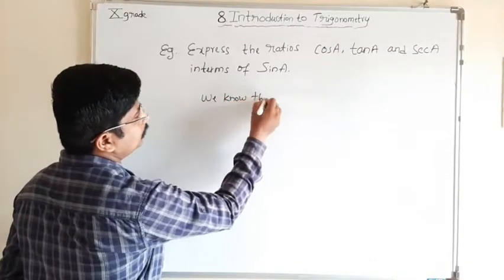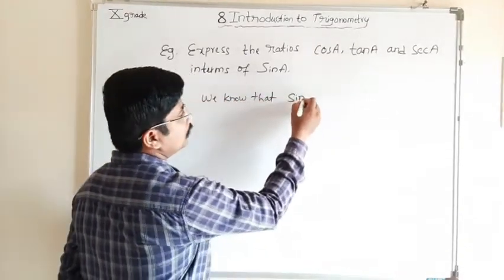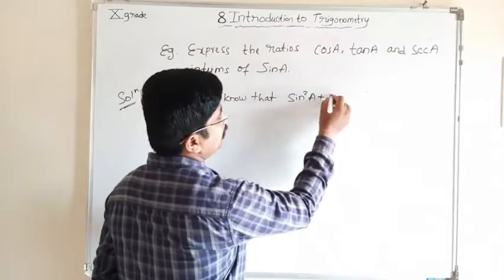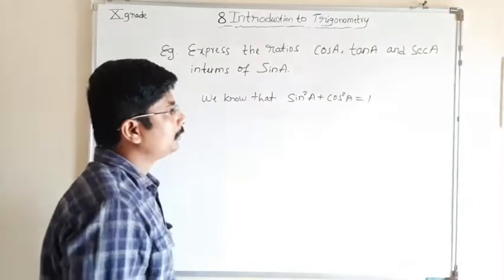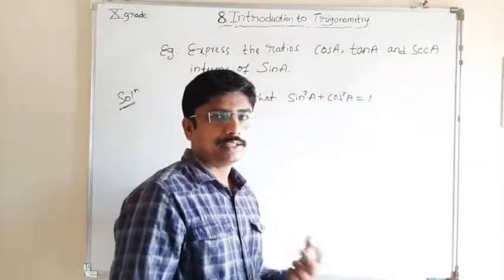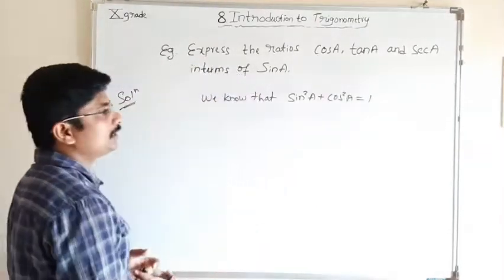We know that sin square A plus cos square A is equal to 1, from the first trigonometric identity.